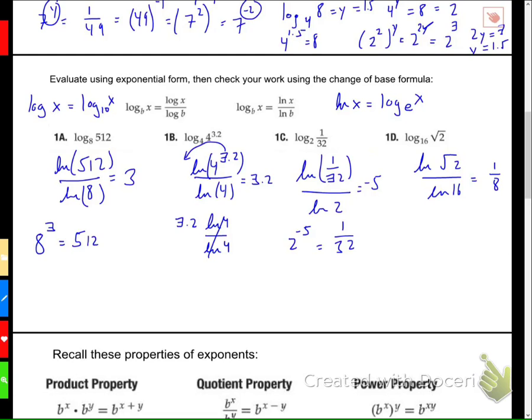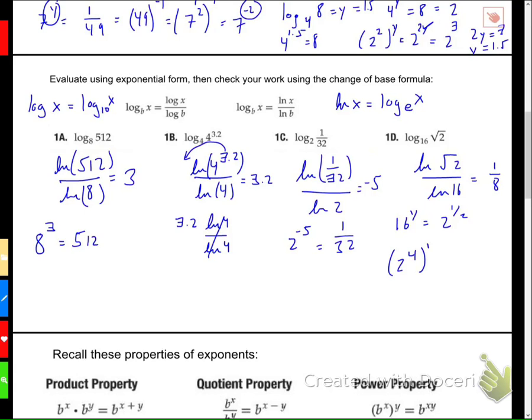Let's see if we can also do that going the other way, just for more practice. We're going to say that 16 to the y is equal to the square root of 2, and square root of 2 is 2 to the 1/2. You're not going to guess any power of 16 that gives you 2, but you could turn 16 into some power of 2, and it's 2 to the 4th.